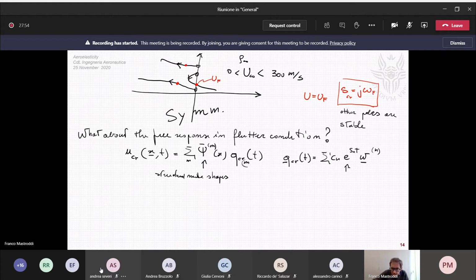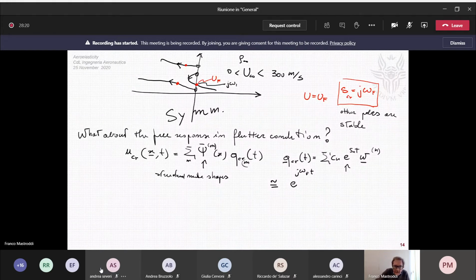But since we are in this critical condition, we have something almost equal to the marginal pole, which is e to the power j omega flutter t, which is this here.